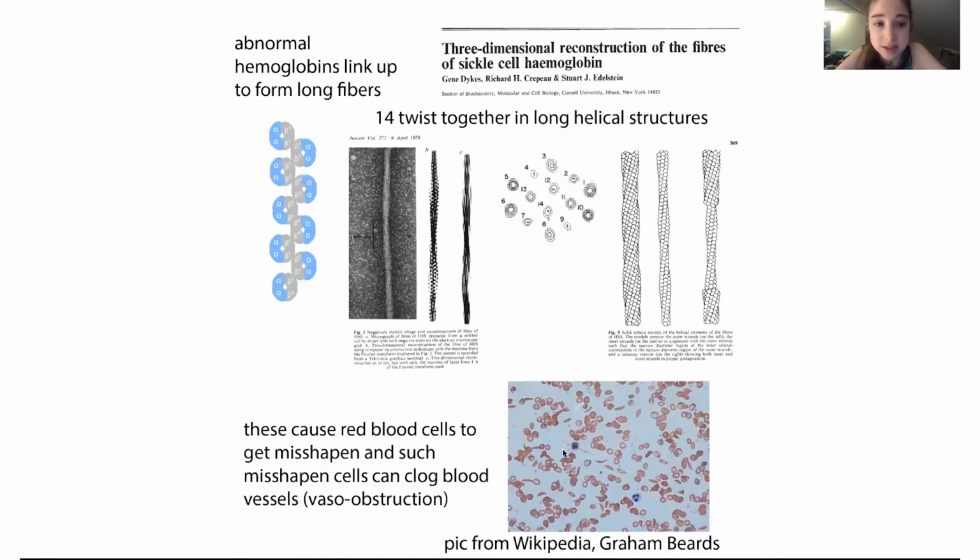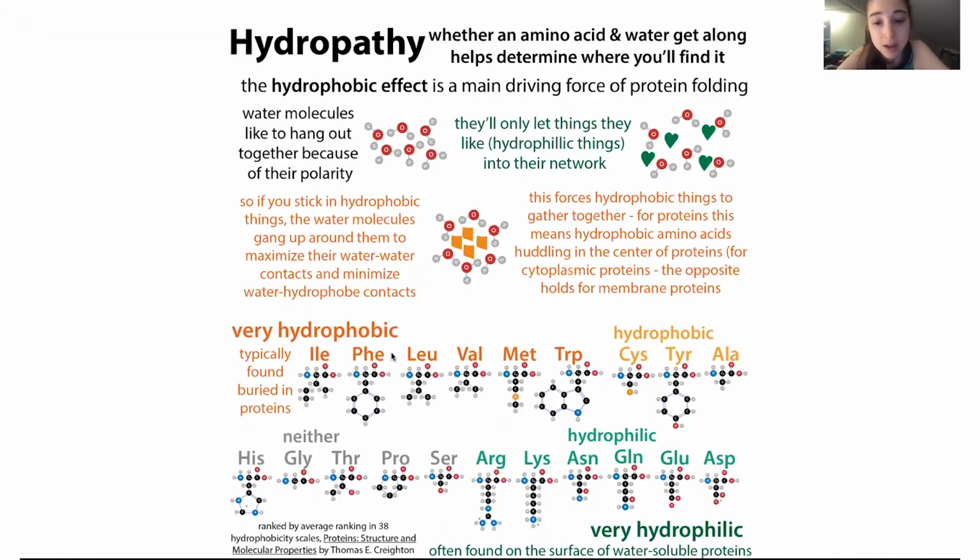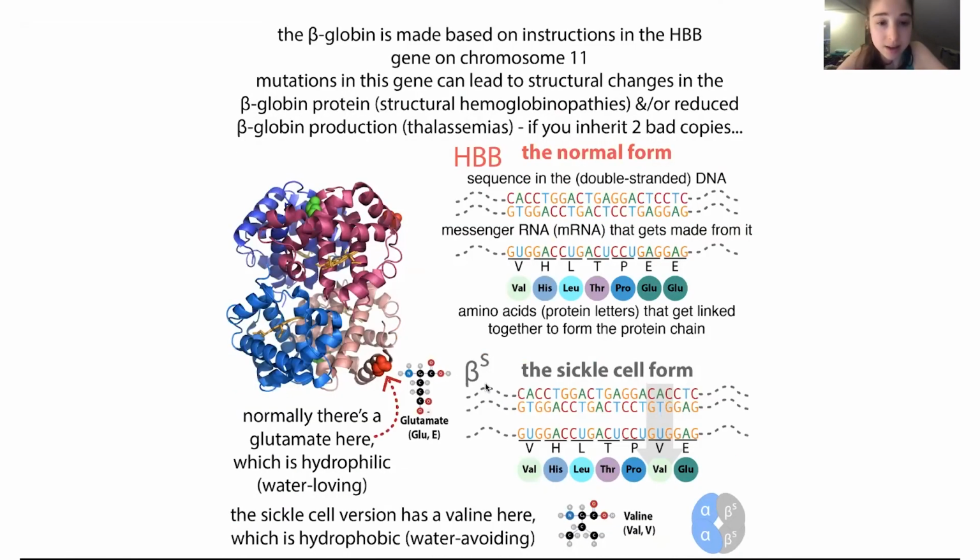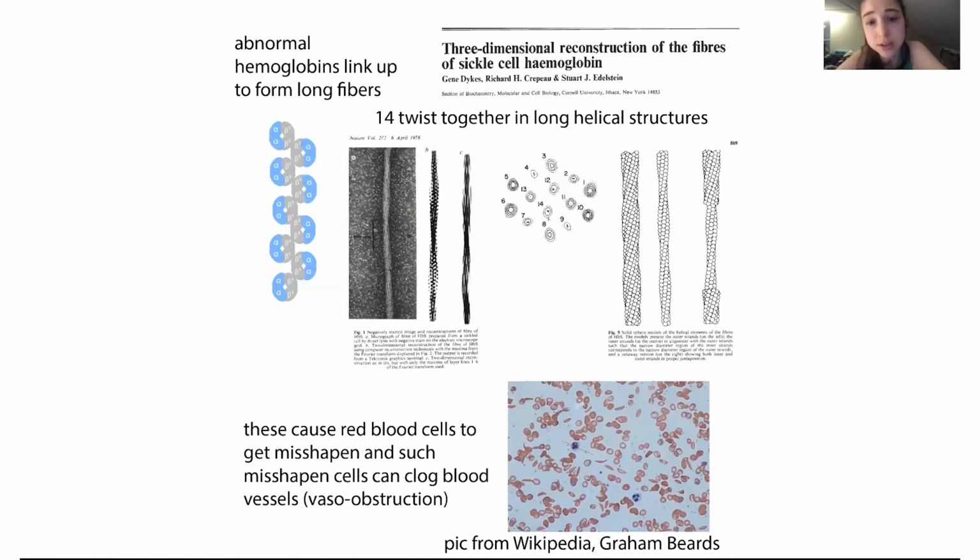Hydrophobic regions tend to clump together because the water is excluding them. So if we go from a glutamate to a valine, we're going from a very hydrophilic to a very hydrophobic residue. Then it can find a hydrophobic pocket on another copy of the hemoglobin, especially in the deoxygenated T state.